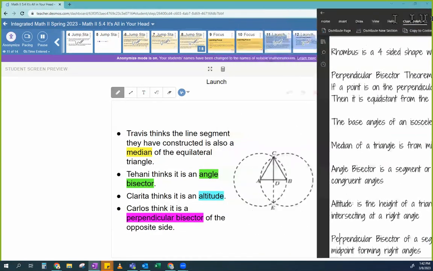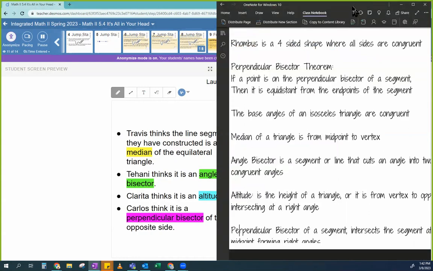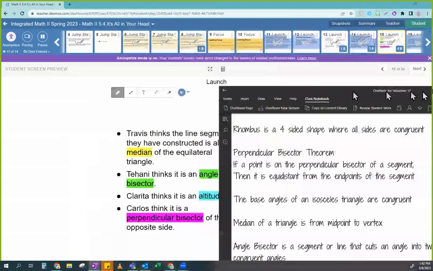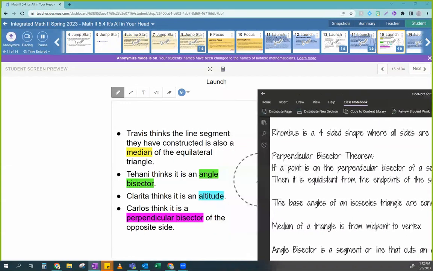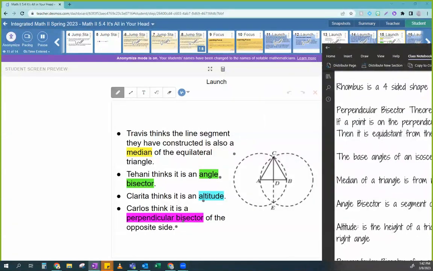I just want to show this. So Travis thinks that it's a median. Is it from vertex to midpoint? Is that true? You guys say, yeah, Miss Johnson. Tahani thinks that it's the angle bisector. Do you remember how we proved this?